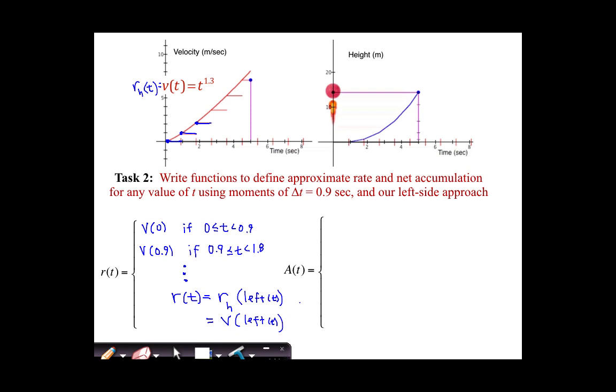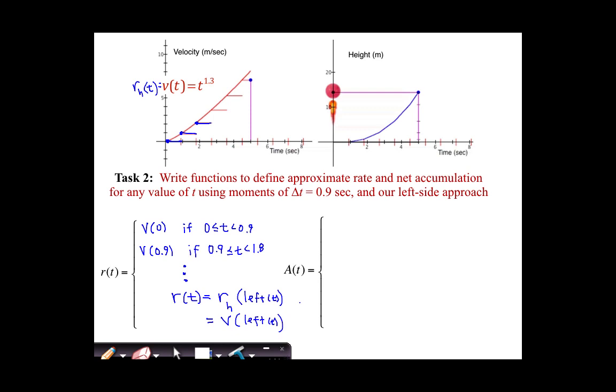A of t is the accumulation up through time t. From the previous page, to get the accumulation, we used like 7 different rates, each one times 0.9. Plus, for the last one, we had the option of writing left of t's rate times the dt, or times the little extra different amount.